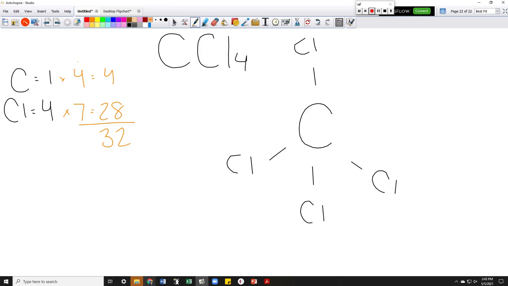What's your total calculation already? 32. So how much am I going to subtract from 32? Keep reading. In the parentheses. How many lines do you have? So how many electrons do you have? 32 minus is?